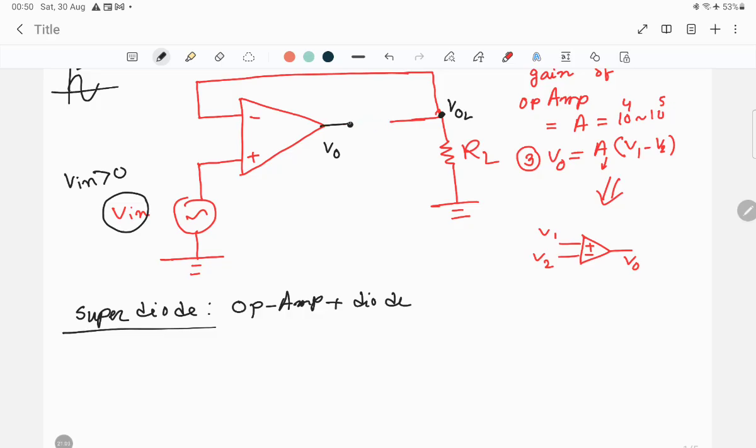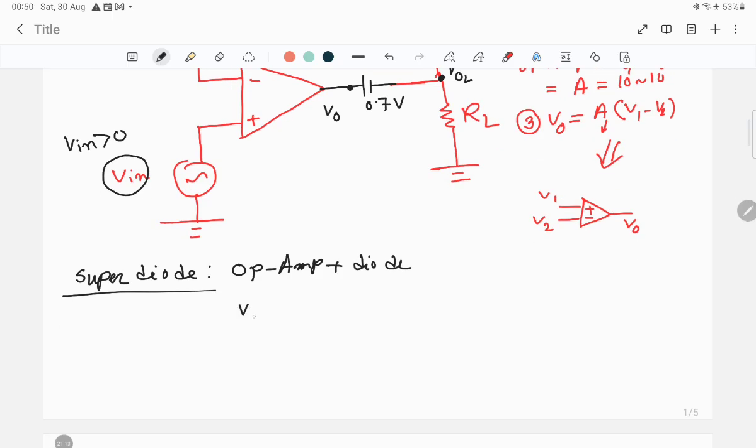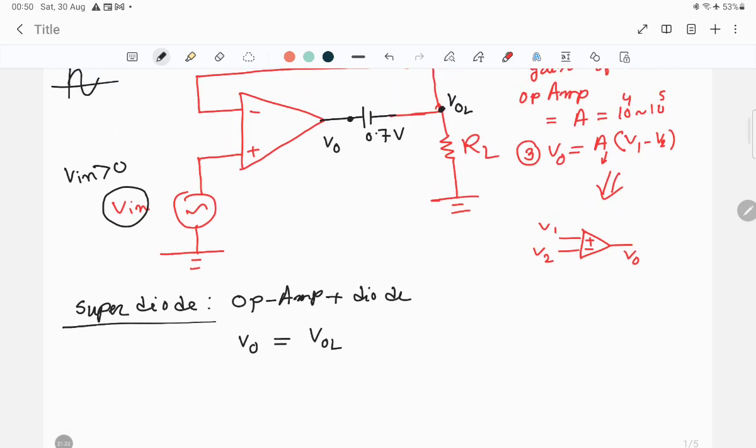So in the derivation, V0 is equal to V0L plus 0.7.